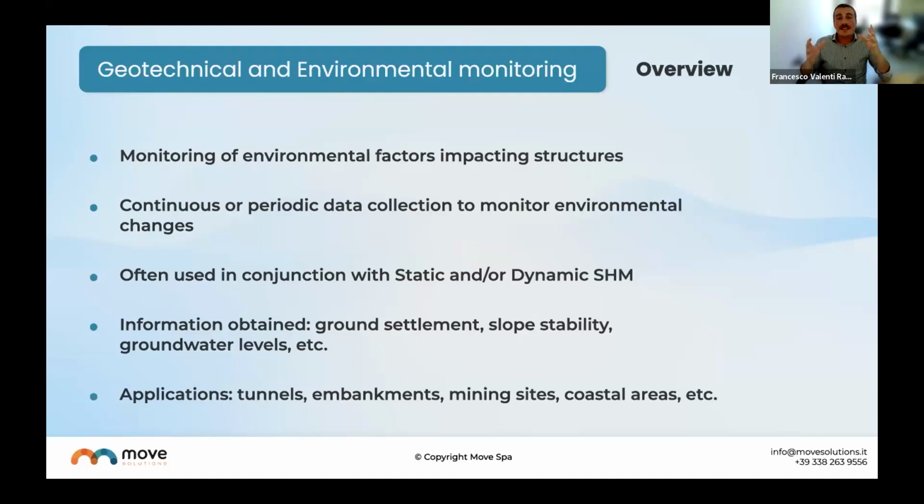By monitoring these environmental factors, it is possible to detect any changes or anomalies that could possibly indicate issues or hazards, allowing the end customer, the client, to implement proactive intervention and prevent structural damage or failures.